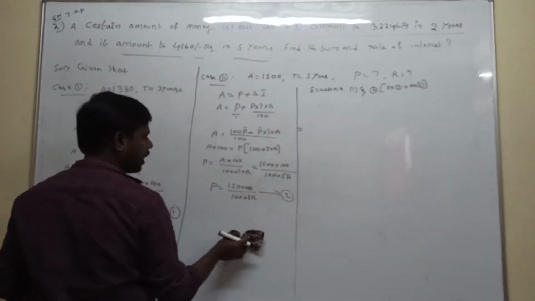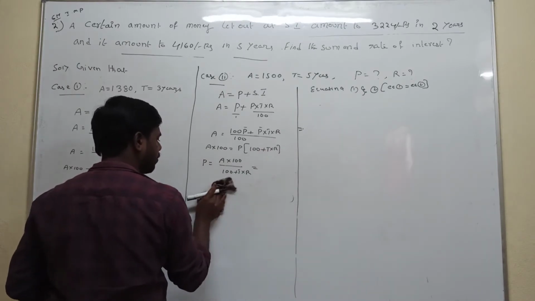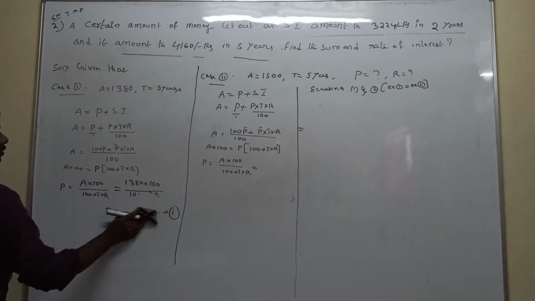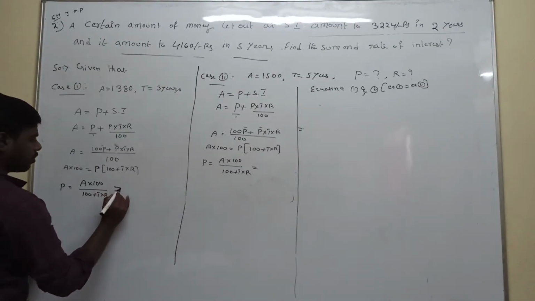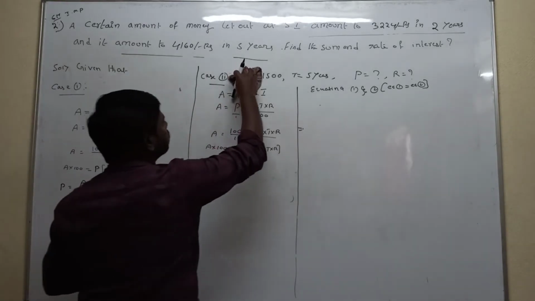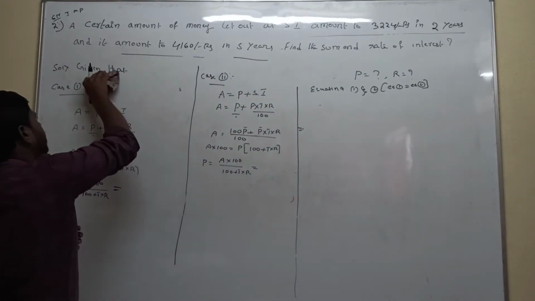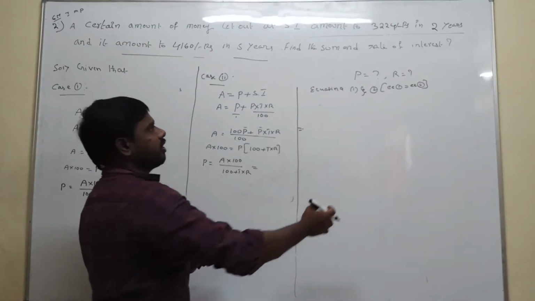Here also we need to calculate rate of interest and principal amount. See the first question, what is given? Read the question. Which values are given? Here also we need to calculate sum of money, nothing but principal amount P, rate of interest capital R.